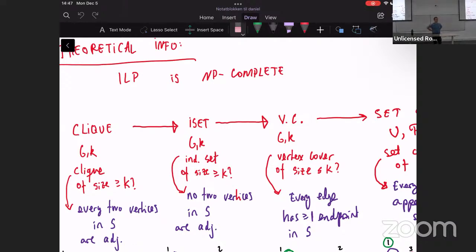Now, the independent set problem is you want to find a maximum set of vertices so that no pairs of vertices are adjacent. In the vertex cover problem, I give you a graph and I ask, give me a vertex set of smallest possible size, or of size at most k, so that every edge has at least one endpoint in the vertex cover.